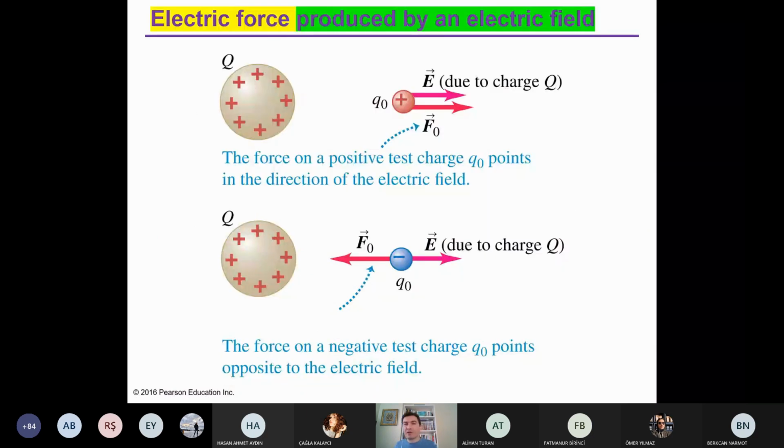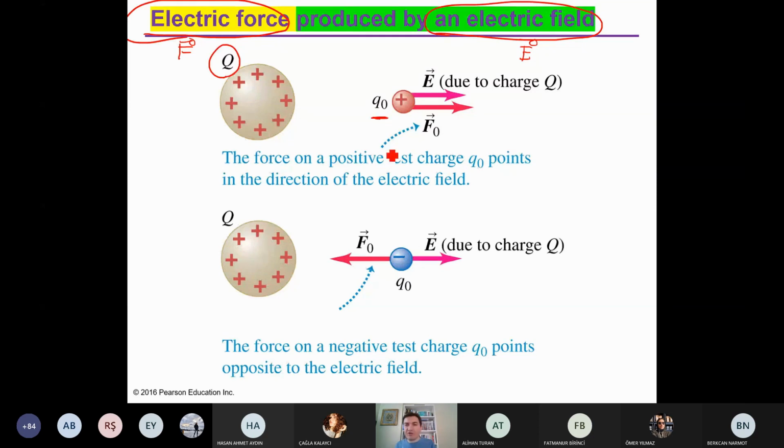So now let's continue with the electric force produced by an electric field. So the electric force is this one, and it is produced by the electric field. Electric field produces an electric force. So again, on the left side, we have the A ball with the charge of capital Q. And on the right side, we have a test charge with the charge of Q0, and it is also positively charged.